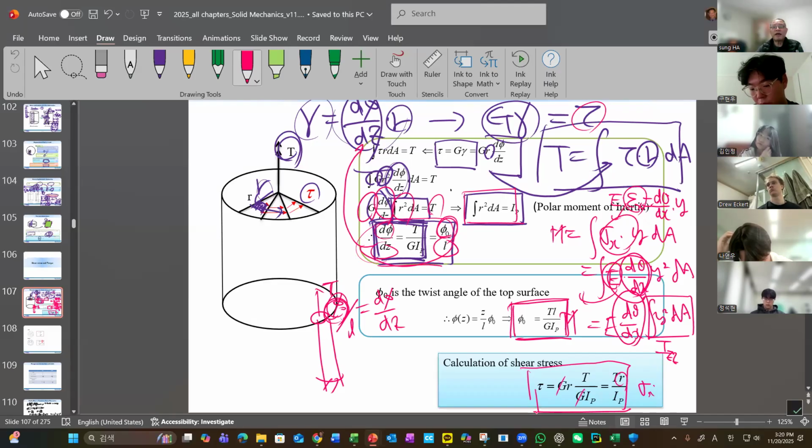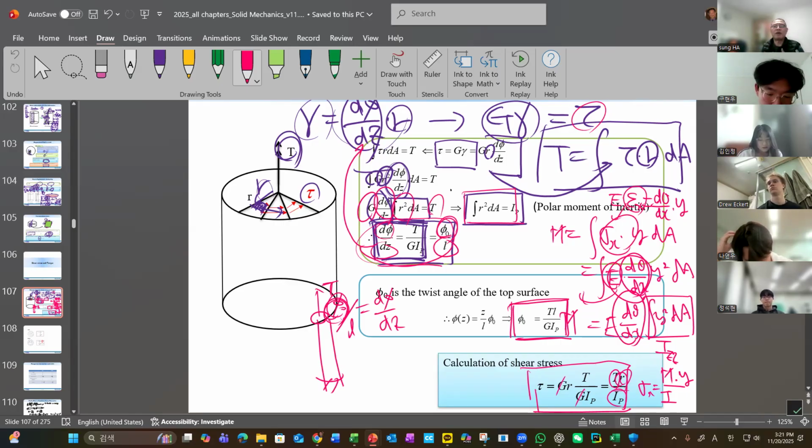Same as sigma x equals moment over I times y, it's torsion divided by Ip, the polar moment of inertia, times R. Isn't it the same? Exactly the same concept and flow. Starting from displacement, strain, stress, equilibrium, and finally we got the stress. Exactly the same flow as the bending moment.